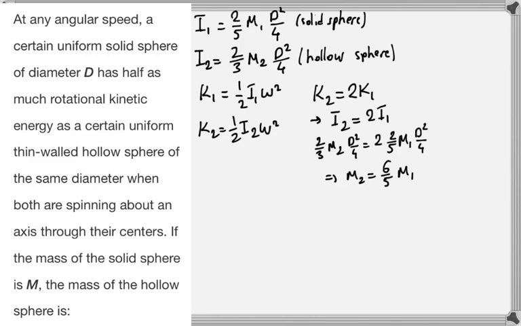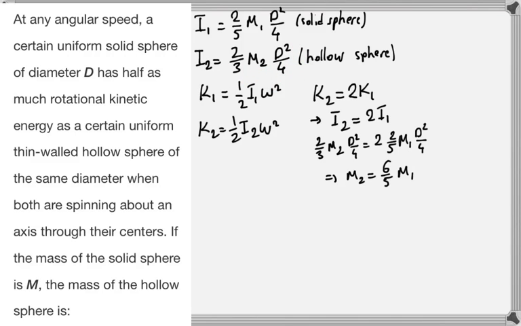For the solid sphere, it's 2 divided by 5 times the mass of the sphere times its radius squared, or in terms of the diameter, d squared over 4, because the radius is half of the diameter. For the hollow sphere, the moment of inertia is somewhat different, not 2 divided by 5, but 2 divided by 3, m times radius squared or diameter squared divided by 4. This is the expression for the moment of inertia.